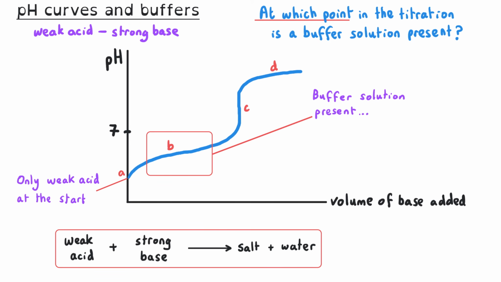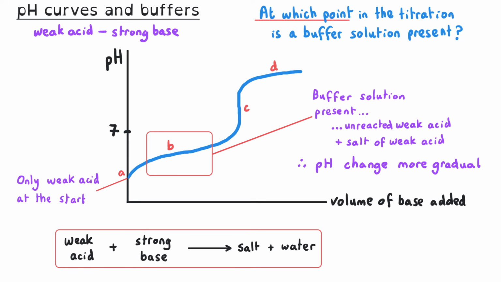And so what we see during the titration is the pH increases reasonably rapidly for a short period of time, but then the gradient begins to get more gentle as the pH change is resisted. And that's because in this region of the pH curve, we have got some unreacted weak acid, because only some of it has been used, and we have got some salt of that weak acid. And so those are the two key components of a weak acid buffer solution.